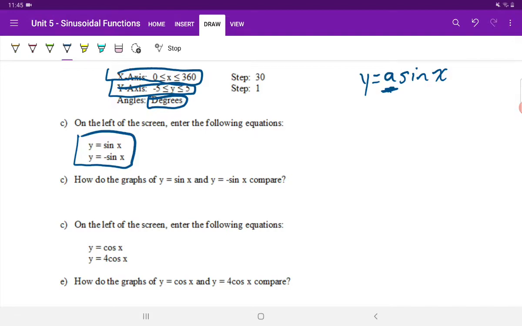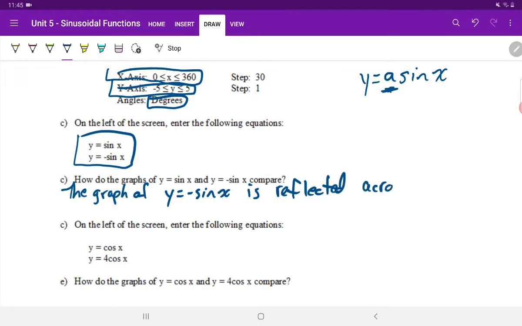compare? So if we were to put this into words, the graph of y equals negative sine x is reflected across the x-axis.